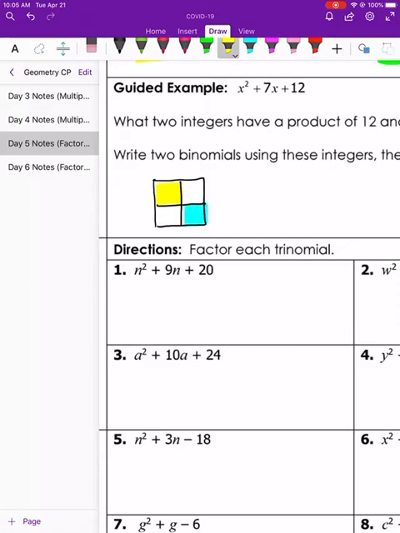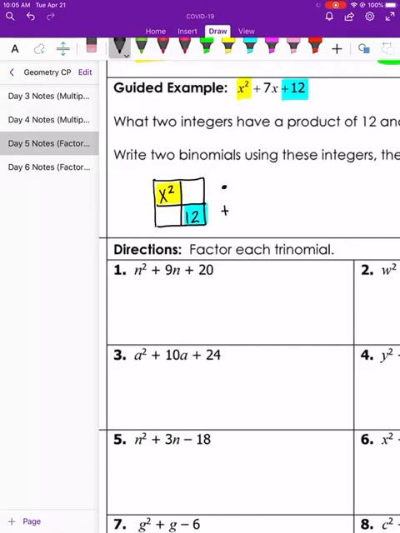What goes in the yellow is your very first term. So that's going to be x squared. And then your next one is going to be this 12, your last term, that goes in your blue box. Okay? So I'm going to have to find integers that multiply to something and also add to something.